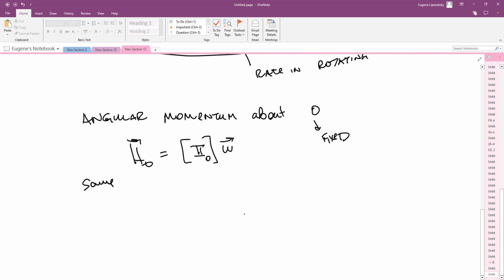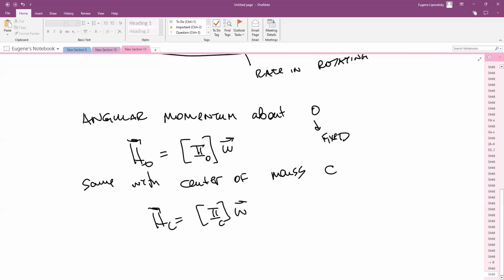Same with the center of mass: H about C equals I about C times omega.